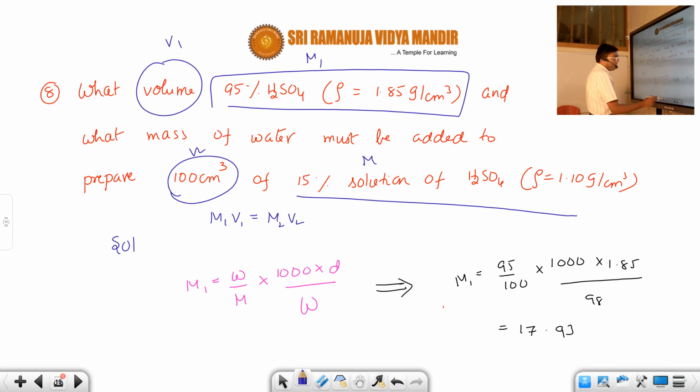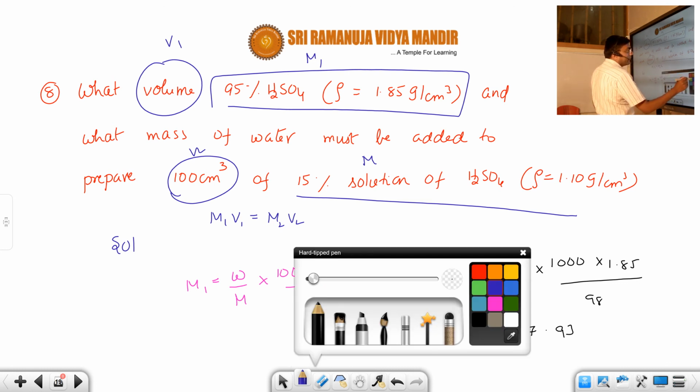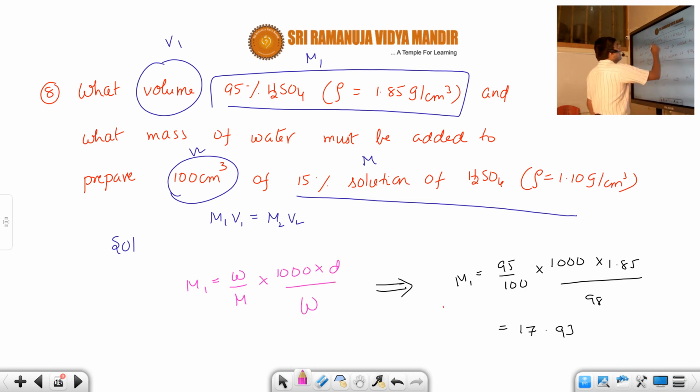See here. First, M1 for the first case. 95% means what? 95 grams of the solute is dissolved in 100 grams of the solution. I hope you understood. So here this is the molecular weight, this is the weight. 95% means 95 grams of the solute dissolved in 100 grams of the solution, right?